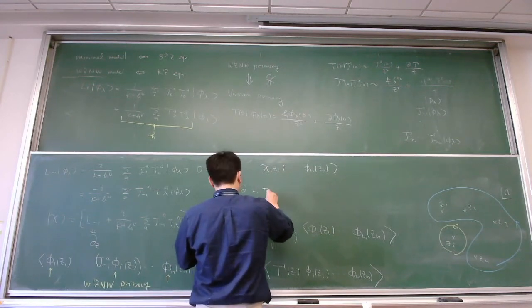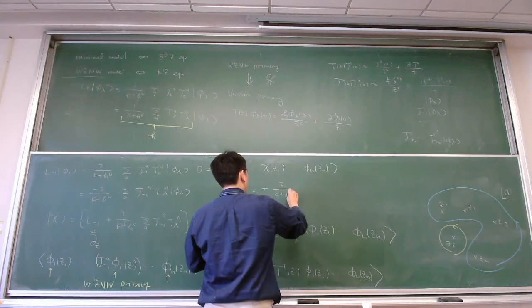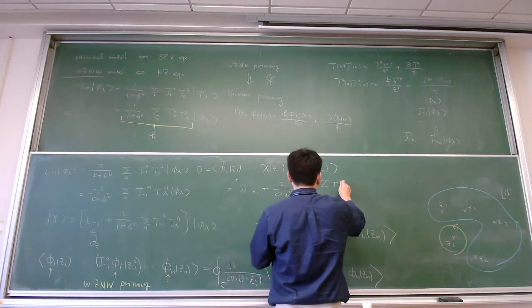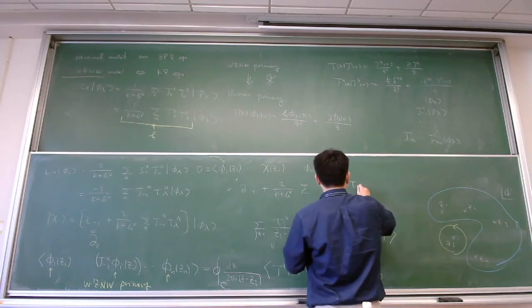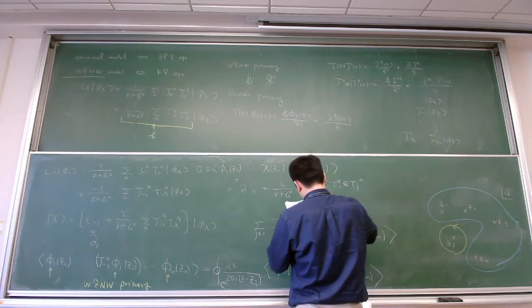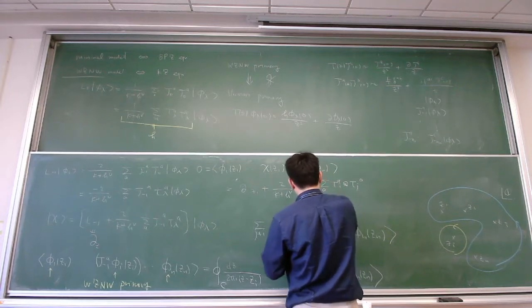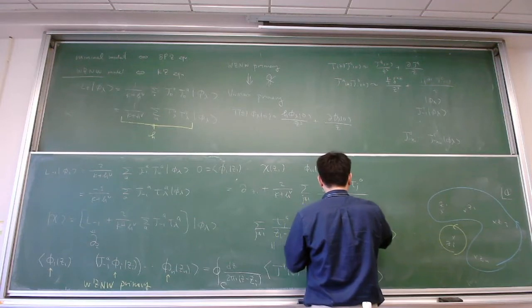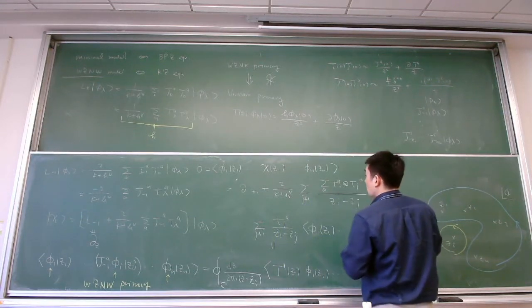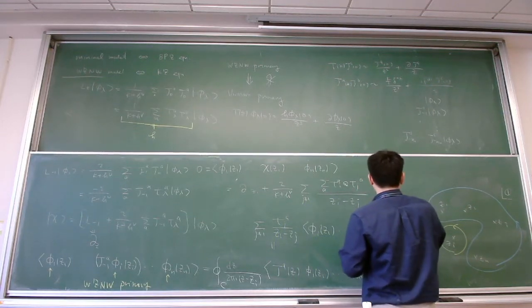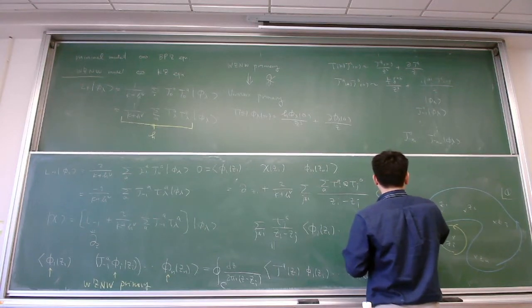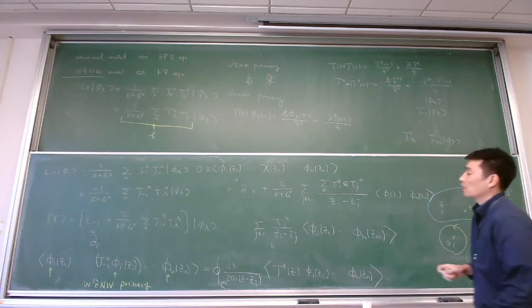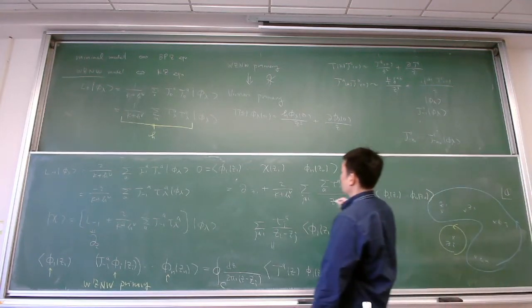Zi plus 2 over k plus h-check, acting like this way on phi 1 at Z1, up to phi n at Zn. So this is called the Knizhnik-Zamolodchikov equation.